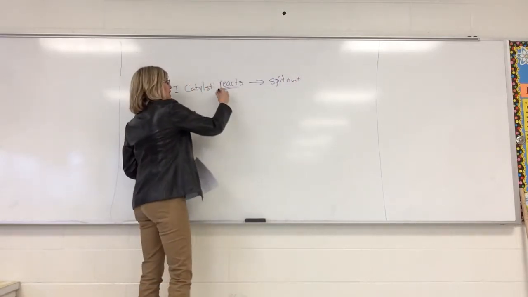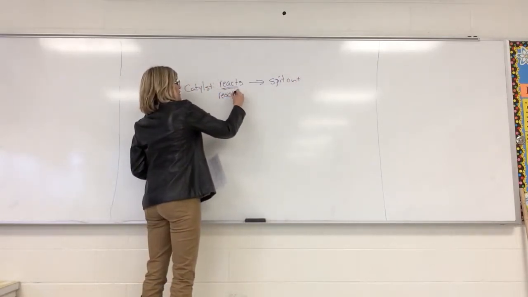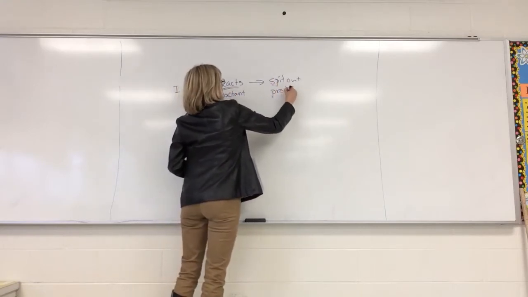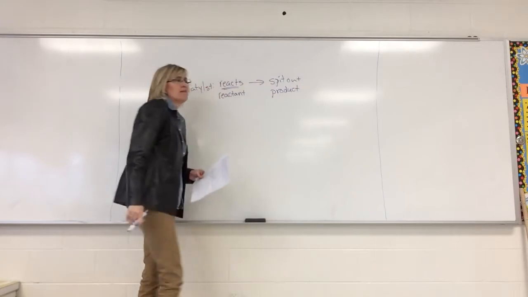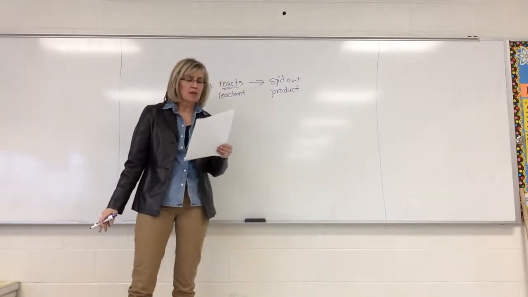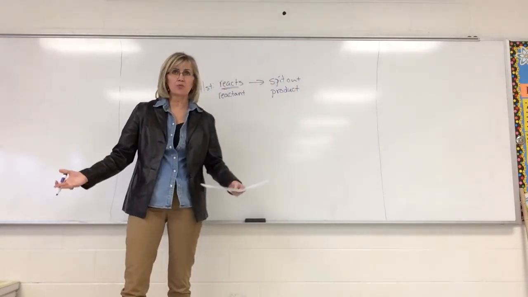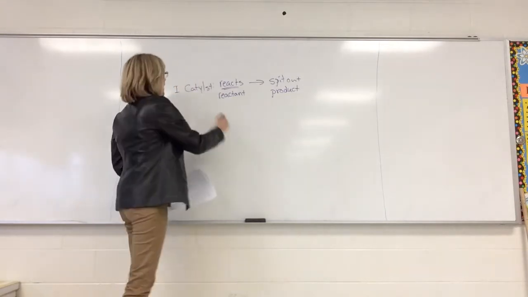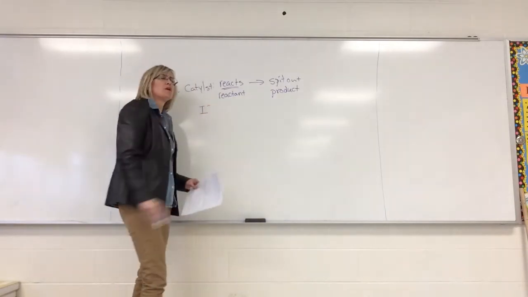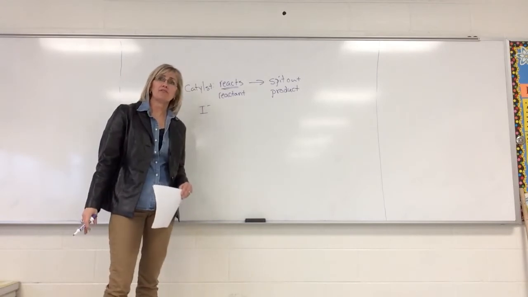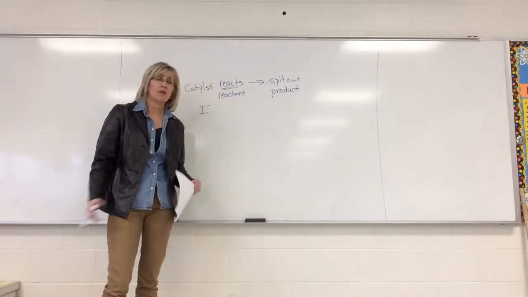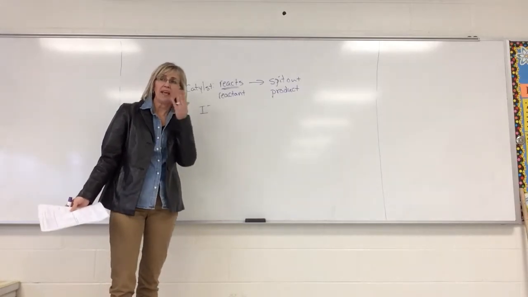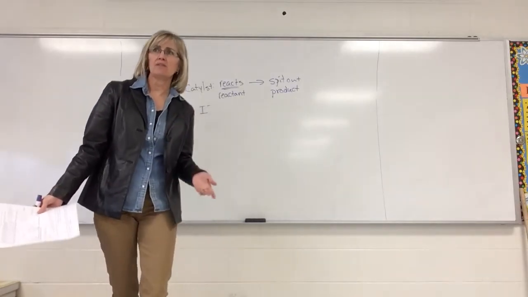So we first see it as a reactant, and then we see it finally as a product. So I look at that mechanism and I say, what shows up as a reactant and then is spit out at the end as a product? And this is the only one in that reaction that fits those parameters. So the iodide ion in that mechanism is acting as the catalyst.